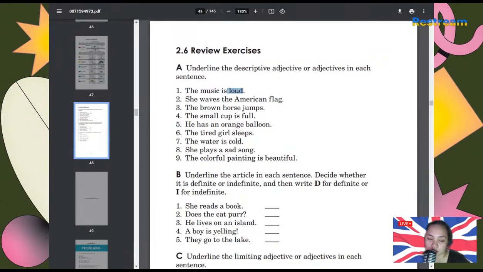Okay, for the next one, we have: she waves the American flag. Let us identify first which one here is the noun being described. Okay, the noun being described here is what?